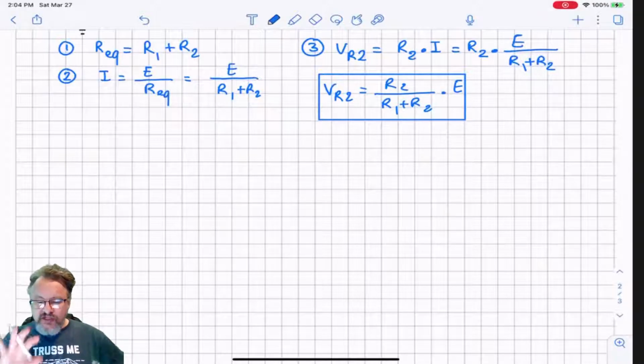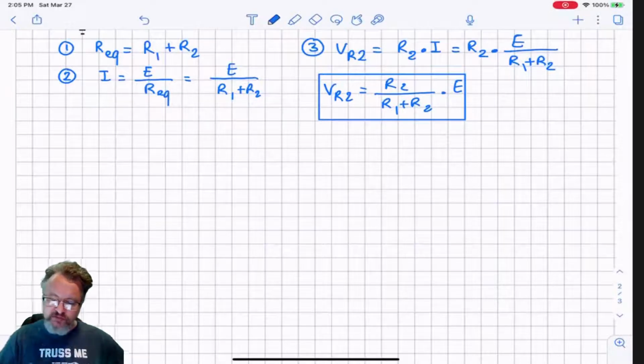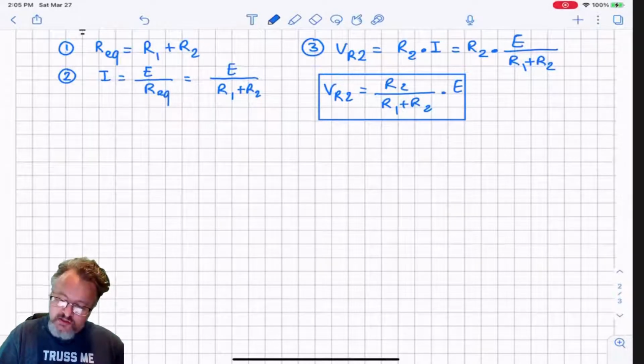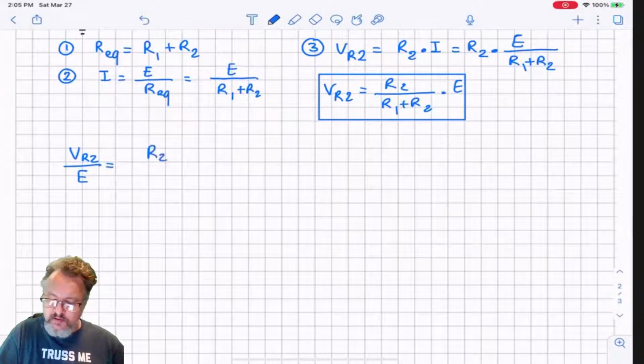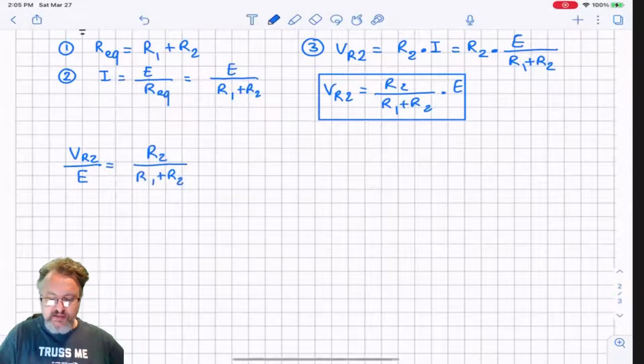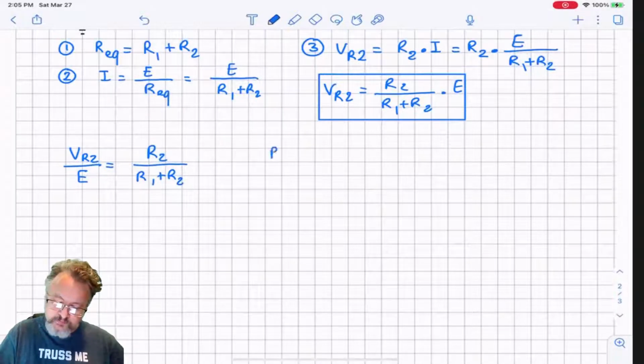But let's just leave it like this for now. Let's replace at the end. So if I divide both sides by E and I take the reciprocal of everything. So let's first divide both sides by E. Then let's take the reciprocal of everything.